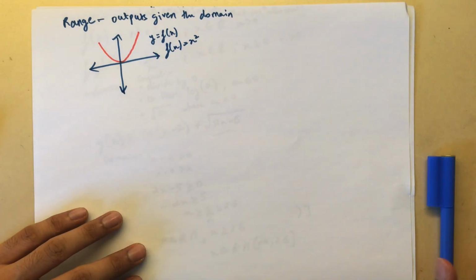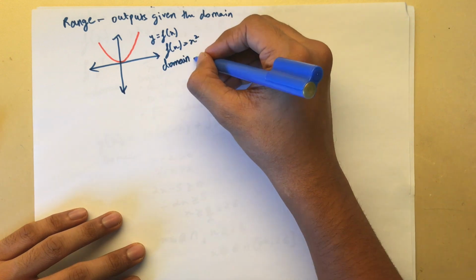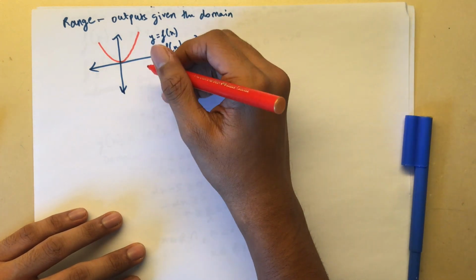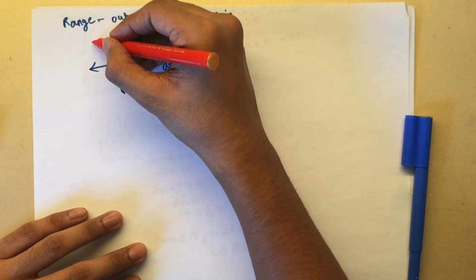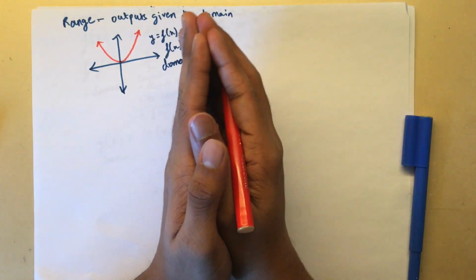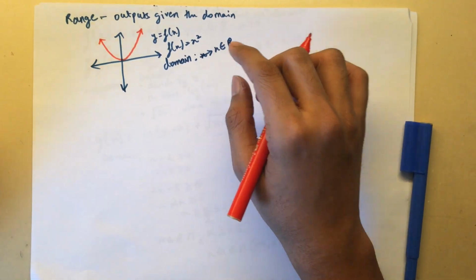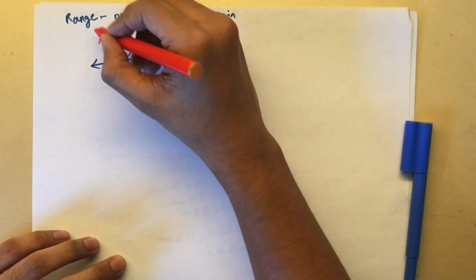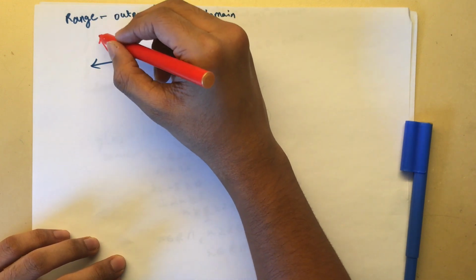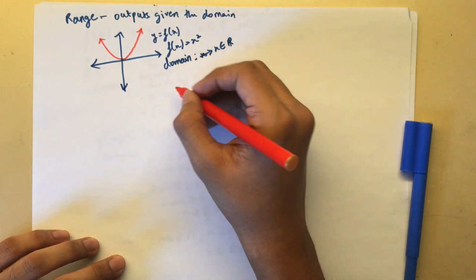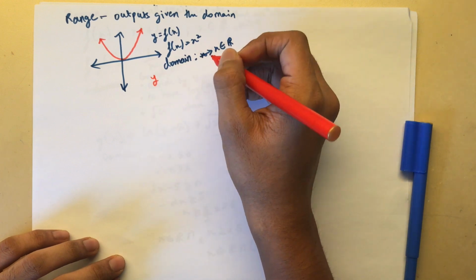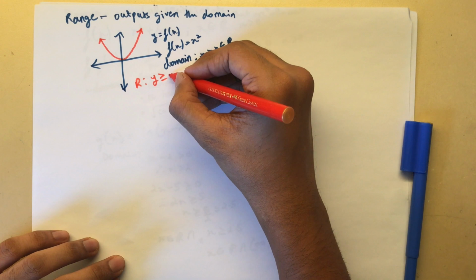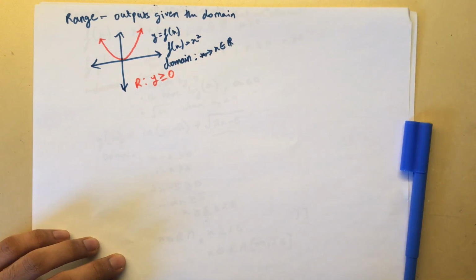The domain in this case is x belonging to the real numbers. Now the range, as you can clearly see, as we input all the possible real numbers as x, y will always be greater than or equal to 0, because it never goes below 0, and it is equal to it at x equal to 0. So the range is y greater than or equal to 0.